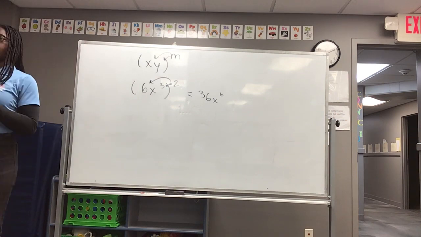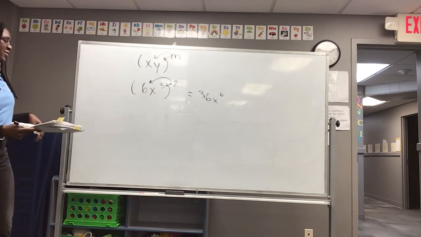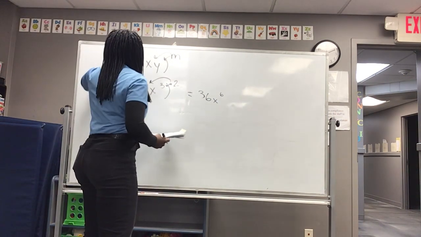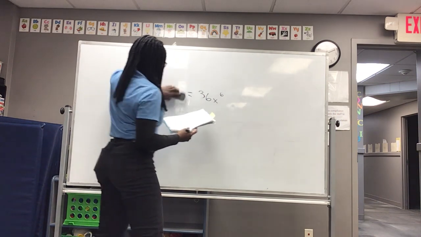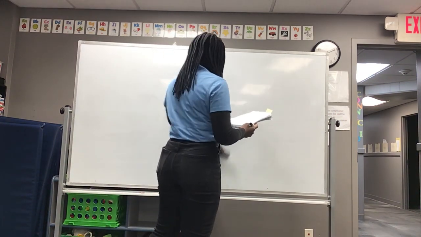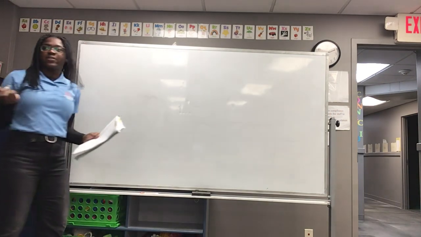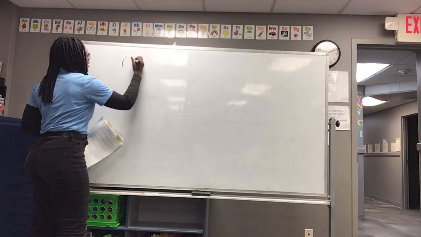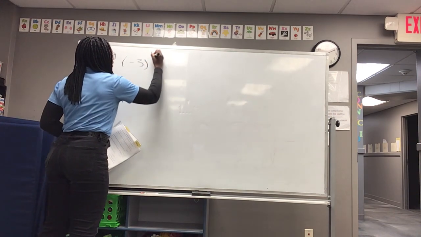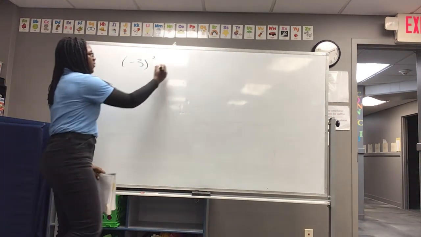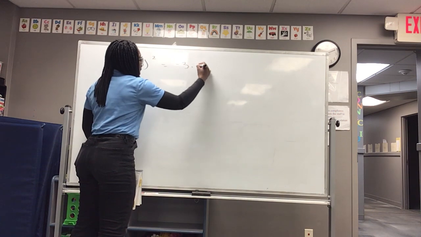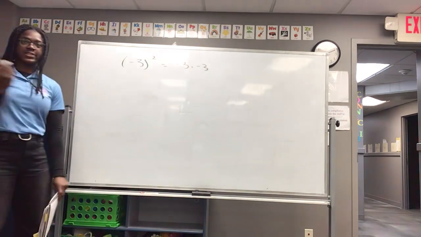So that was just a quick review of the powers and exponent rules. And one thing I want you guys to remember is to watch out for parentheses. If I had (-3) squared, that technically equals -3 times -3, which is positive 9.